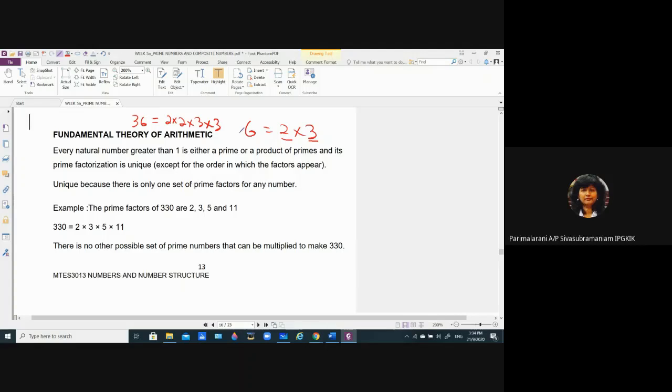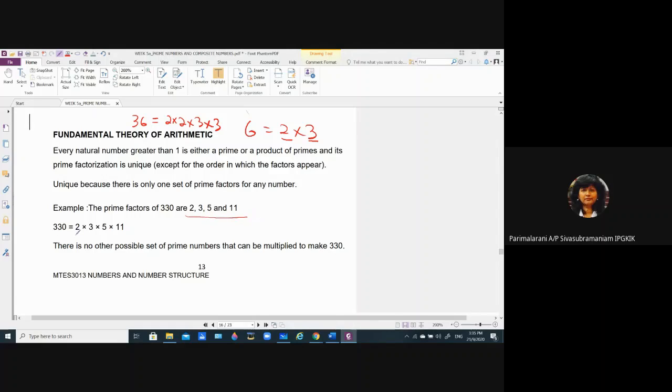The fundamental theorem of arithmetic says that any number can be written as the product of primes, and its prime factorization is unique. That means it has only one set of prime numbers like this. No other prime numbers. Only one set, so that's why it is unique. The prime factors for 330 are 2, 3, 5, 11. These are all prime numbers.